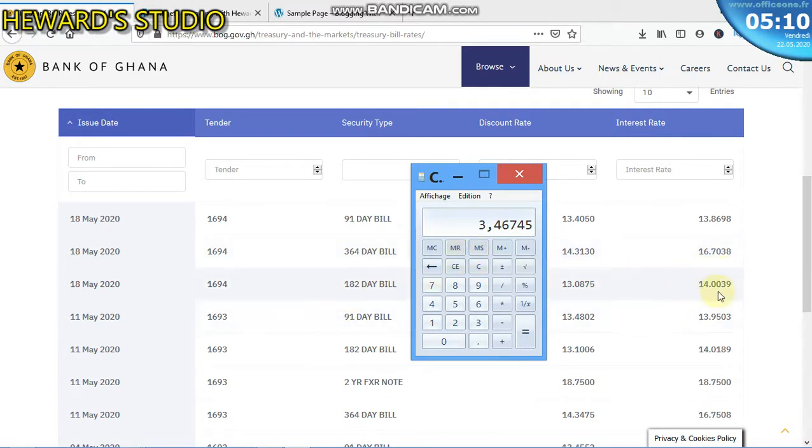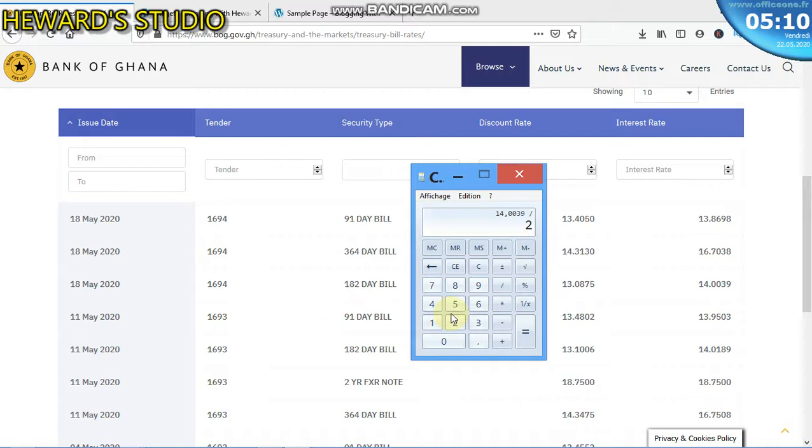Now, what about 6 months? The 6-month interest is 14.0039. You divide by 2 because 6 months goes 2 times into 12 months.